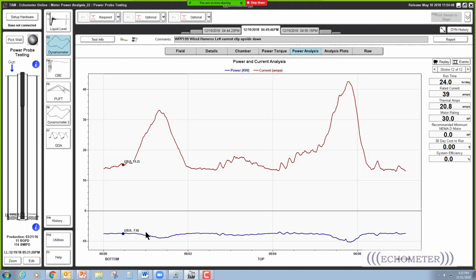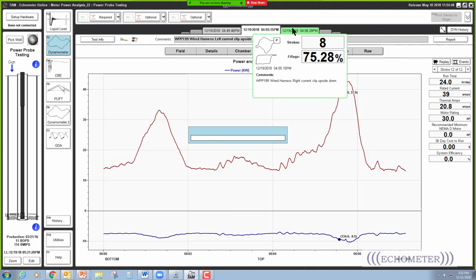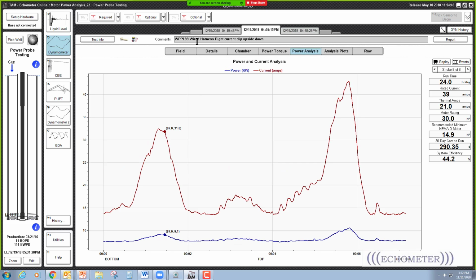If you see something like this on data you collect with a power probe, it shows that the current clip on the left side is upside down. Now, if we go to the next one, it says the right clip is upside down. It looks like this. Still the power is all messed up, so it's not connected correctly.